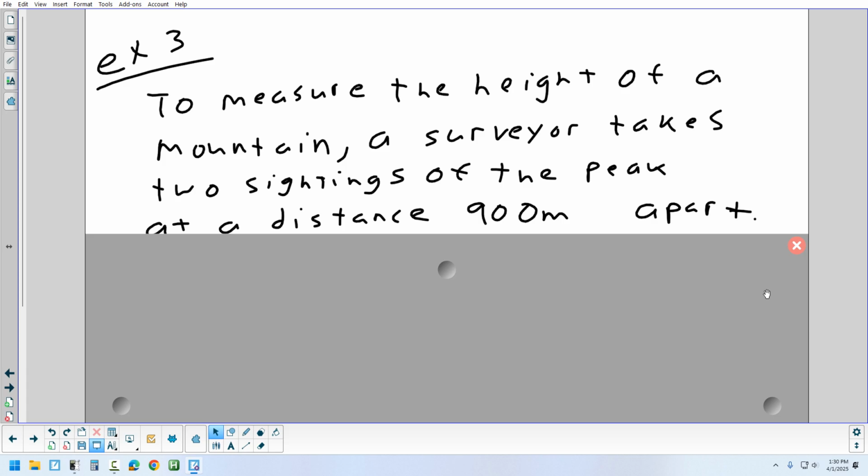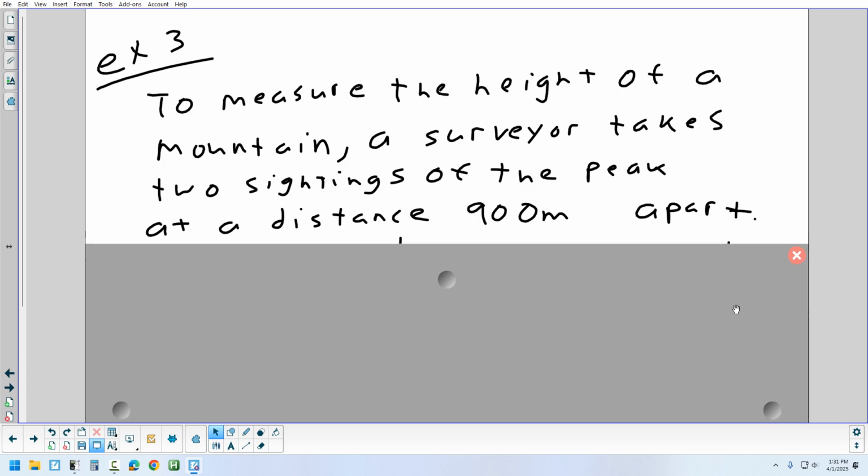If you've ever heard of triangulation, the idea is you stand in one spot, take a measurement, and then you go stand in a different spot, a little further away, and you take the measurement again. If you take the 2 measurements, then you can figure out the height of the object in front of you. So this particular problem, the surveyor is going to take 2 sightings.